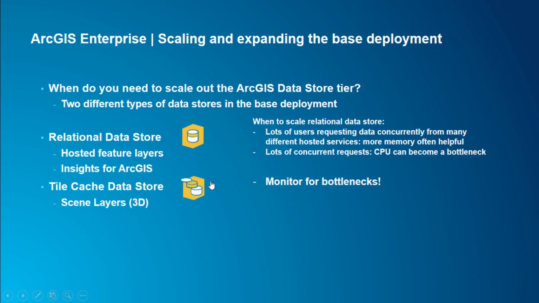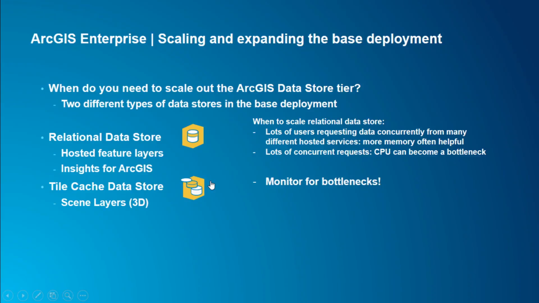If you have a lot of users using a few set of services, hosted services, that is optimal because that's fundamentally what the system is designed for. Out of 10,000 hosted layers, the odds are there's only a fraction of them that are actually in hot use at any given point in time.